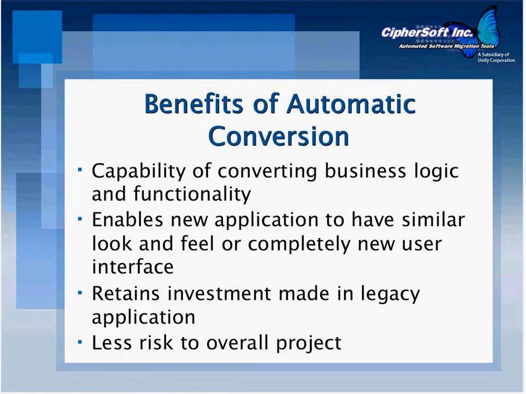So the benefit of using an automatic converter is to retain the original business logic and functionality, allowing you to have the same look and feel or a new user interface, but retain that investment made and have less risk. The higher we can get that automated percentage with our Exodus product, the less risk you have within your project, because every time it hits something that it's going to convert, it does the same thing over and over again, so you're able to have the same results and know exactly what's happened.